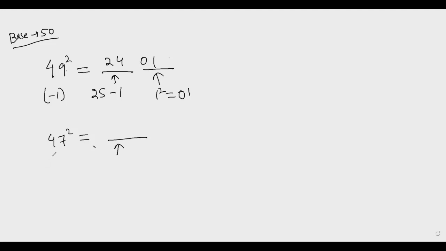See, first compare 47 with respect to 50. This is 3 less than. So what we are going to do is 25 minus 3. So that will be 22. And then this square: 3 square is 9, but it will be a 4-digit number, so we will give 09. So 2209. Is that okay?